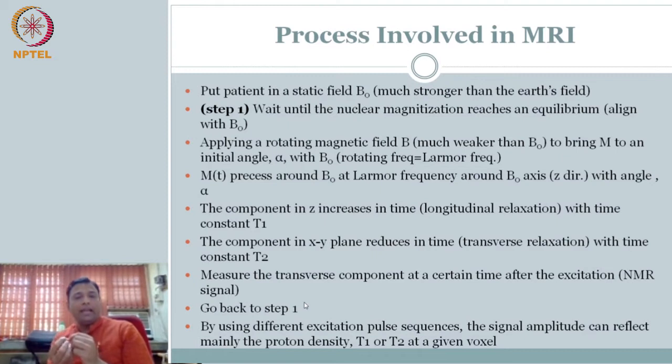So it will start to relax in the xy plane, and also in the z direction, it will start to align, getting back to its equilibrium value. So there will be an increase in the z direction so that it gets to the maximum possible equilibrium value. In the xy direction, the signal relaxes to 0. The time constants involved, we refer to as T1 and T2. We'll talk about this again to understand it further.